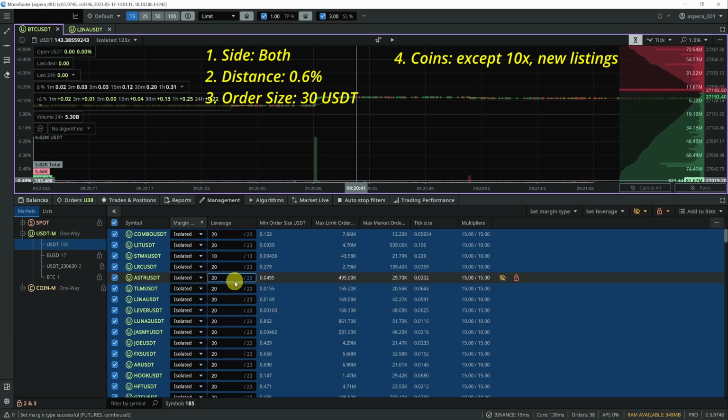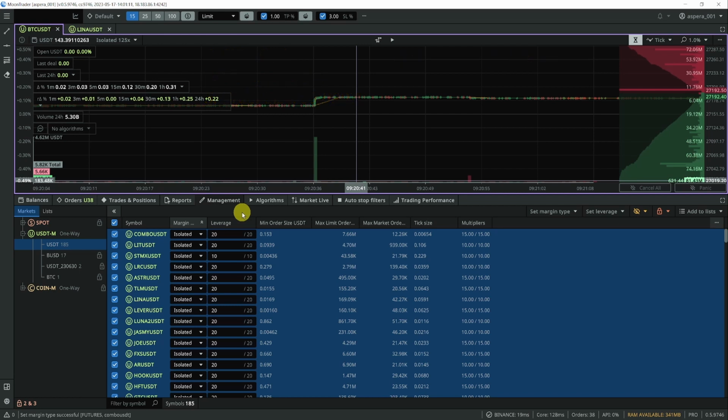I think that is acceptable. So I'll run it with 30 USDT as the order size first, see how it behaves, and then decide whether to increase the order size if all goes well, or to change something in the algorithm if it turns out to be a disaster.